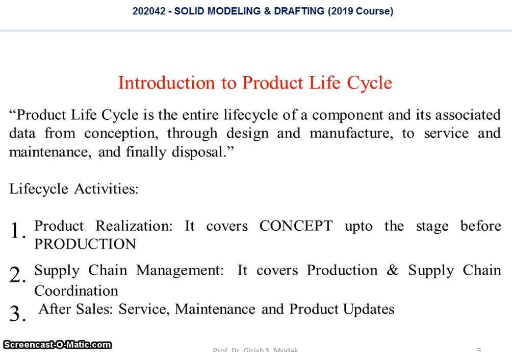So conception to design to production is called the product realization stage. Then supply chain management means production and its further services which are needed, and after sales means maintenance and the feedback, after sale service, etc. So these three are called life cycle activities.